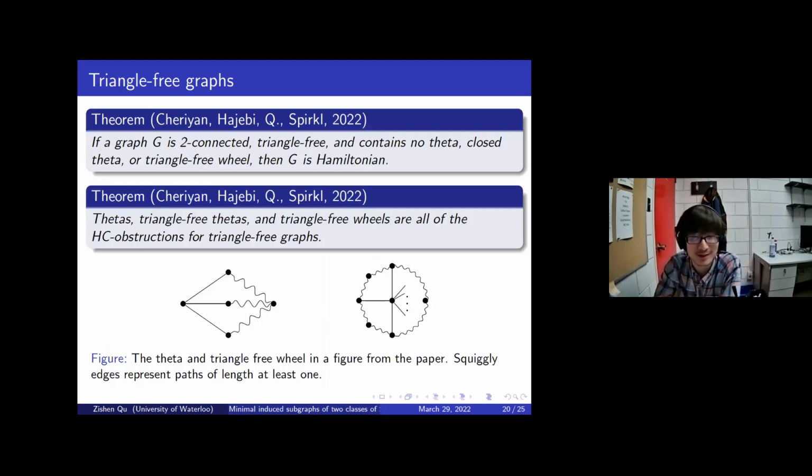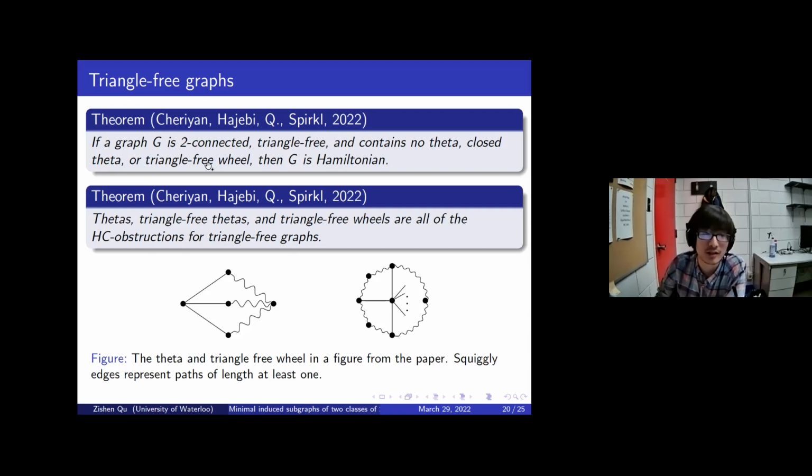So the paper is named 2 classes of 2 connected graphs. So what's the other class? It's triangle-free graphs. And I feel like this result is not as interesting because it's actually possible to do better. But triangle-free is still pretty nice. So here's what it is for triangle-free.